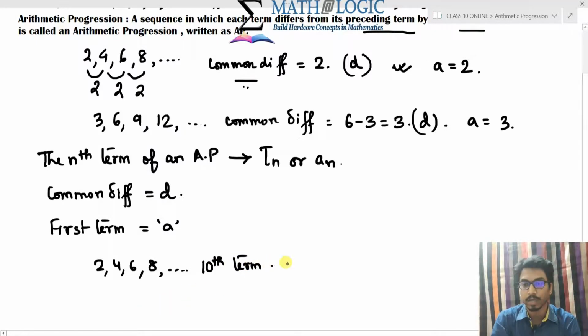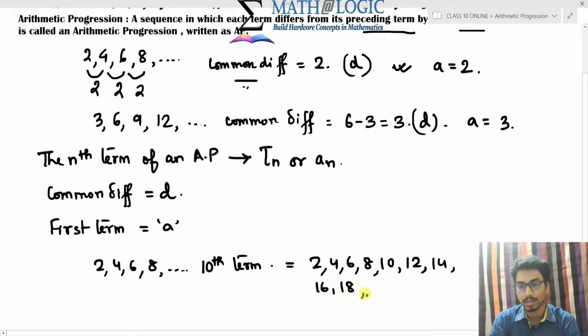First of all, you can do like this: 2, 4, 6, 8, then 10, 12, then 14, 16, 18, 20. See, 1, 2, 3, 4, 5, 6, 7, 8, 9 and 10. So that means 20 is the 10th term. But suppose this is a bigger number. Suppose we have to find out the 50th term. So it is not possible for us to write the 50 terms this way.